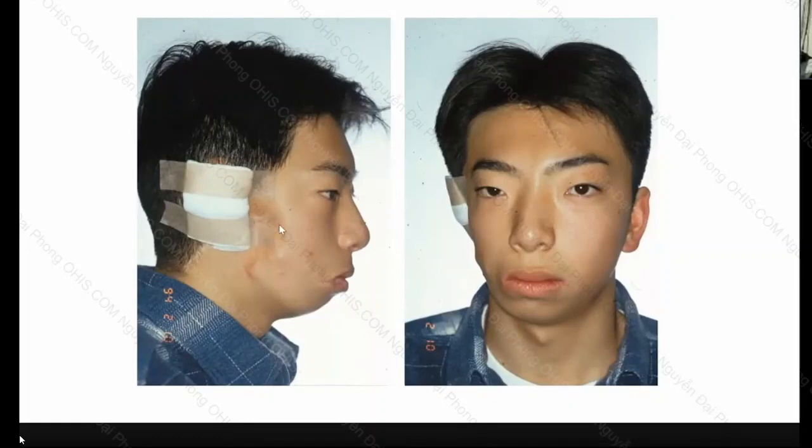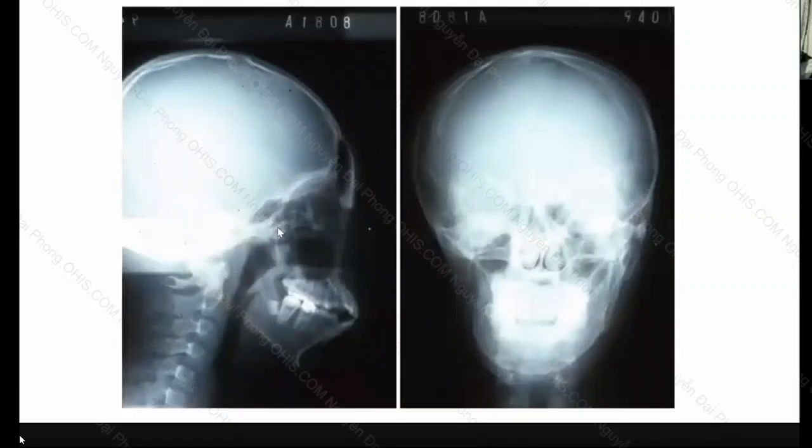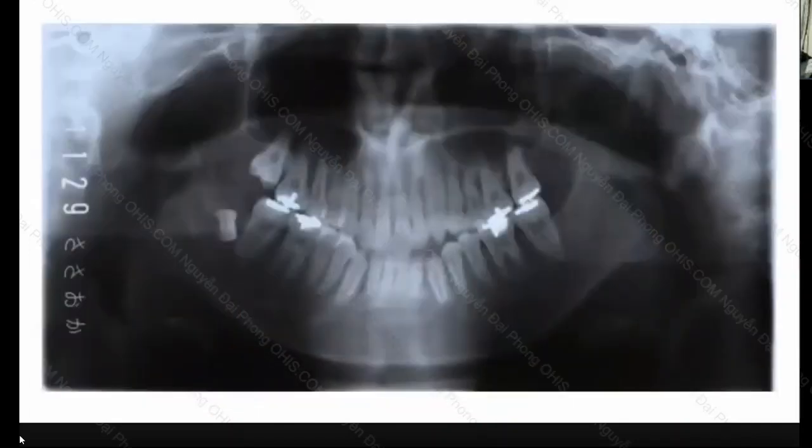Maybe you can see in the frontal cephalogram the left side condyle here, but this side has no condyle. The panoramic also showed that here we have a condyle and joint, but the right side has no joint, no condyle.